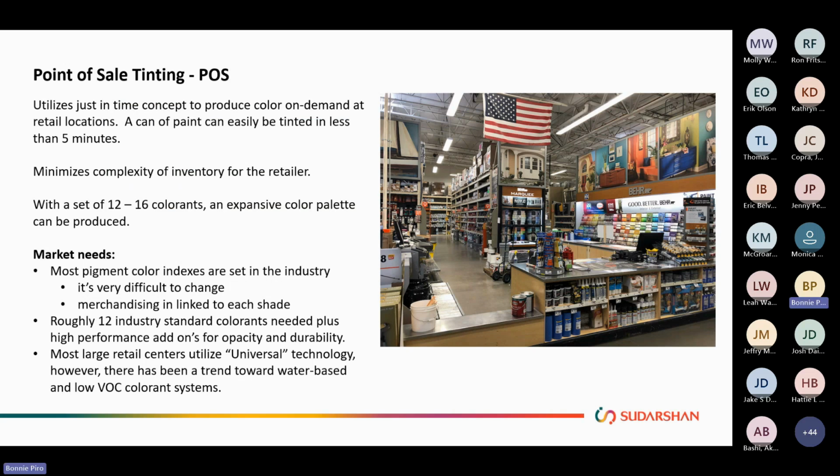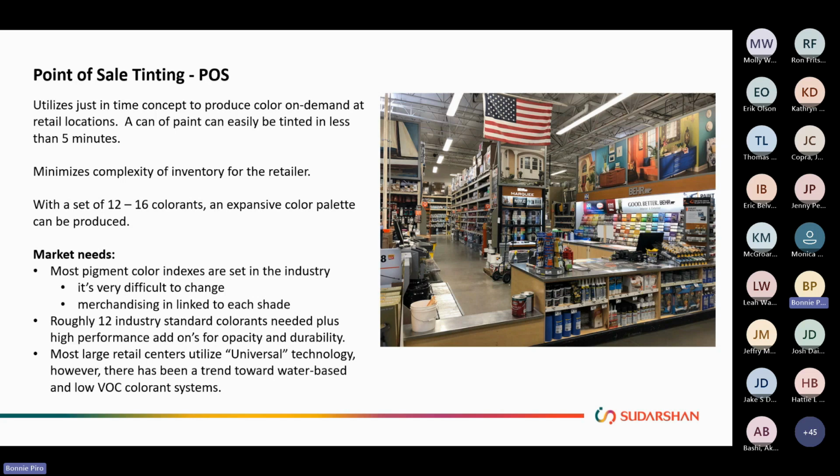Point of sale tinting. These are ones that you see in the home stores all the time. They allow for very quick color on demand creation at the retail level. Typically, these are a fairly narrow set of colorants, usually 12 to 16 types of colorants, to be able to provide the full color palette that is needed in those types of spaces.